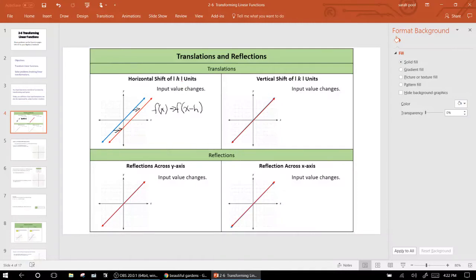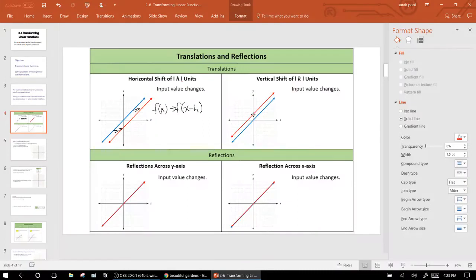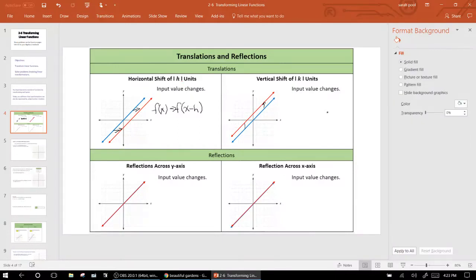So if we want to shift something vertically, the graph is just going to move up or down. The x components remain the same this time, but the y components are changing. So our x's stay the same and our y component changes.